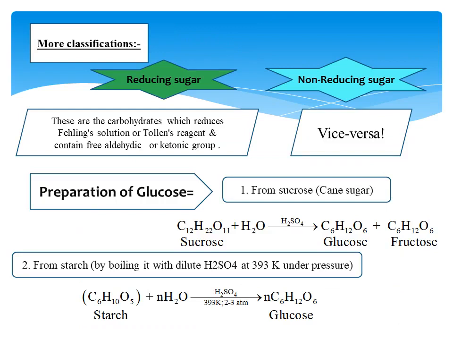Carbohydrates can further be divided into reducing and non-reducing sugars. As given here, for your convenience, I have already written it: all the carbohydrates which can reduce the Fehling solution and the Tollens reagent are the reducing sugars, and others that cannot reduce the Fehling solution and the Tollens reagent are the non-reducing sugars, isn't it?